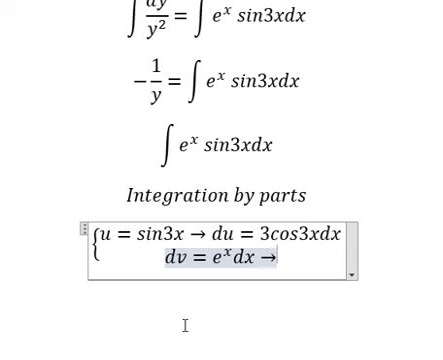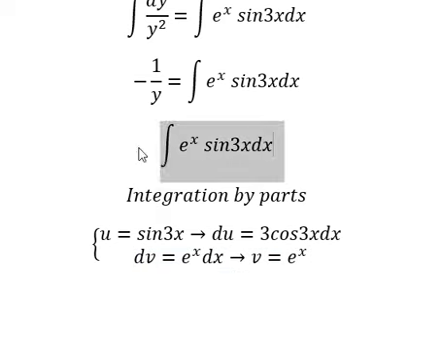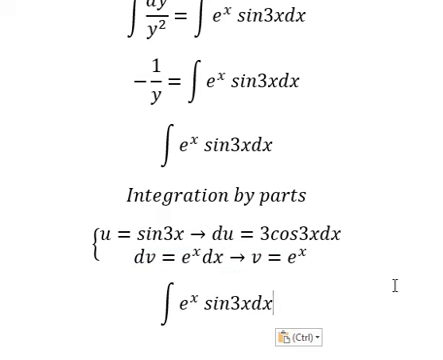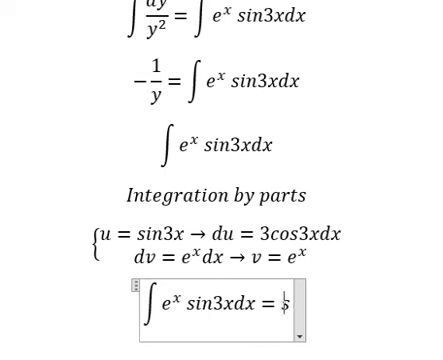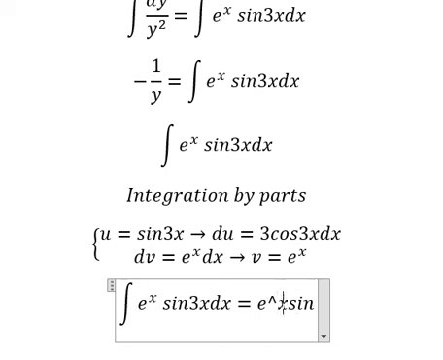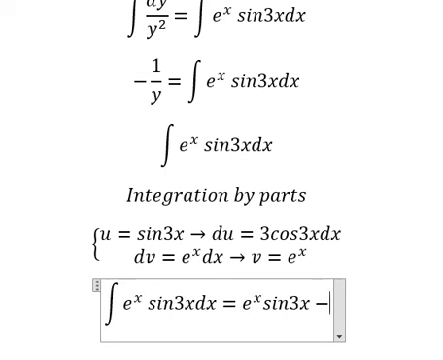The integration of this one, we have v equals e to the power of s. So we have u multiplied by v, minus the integral of u multiplied by v.